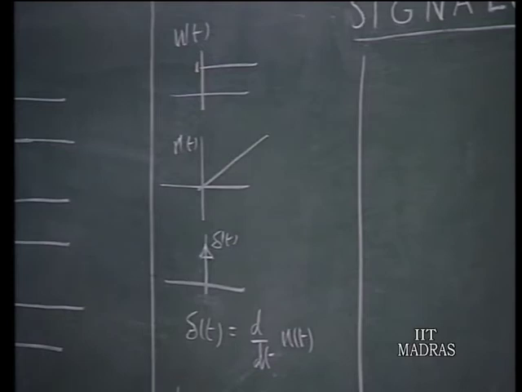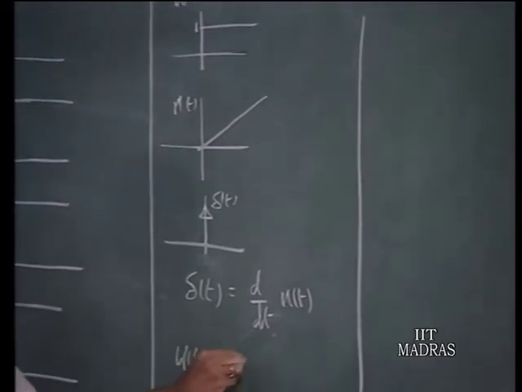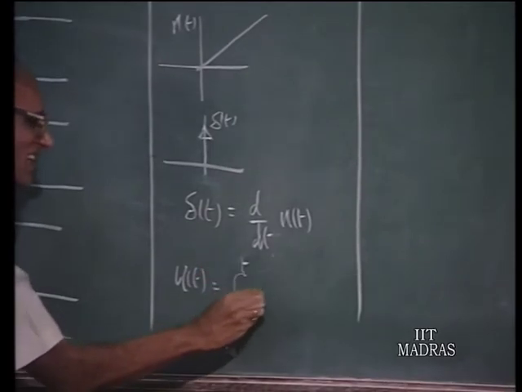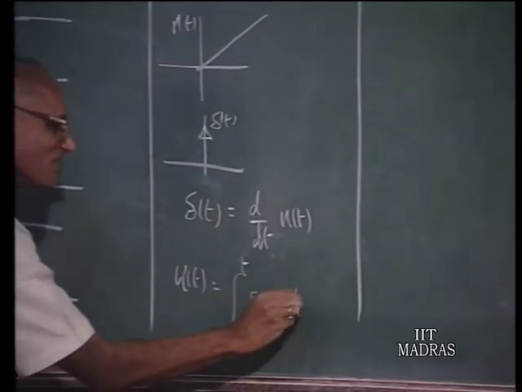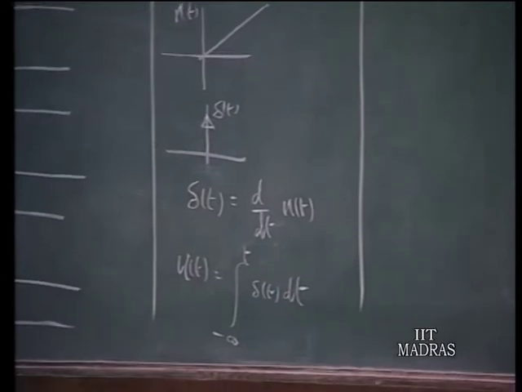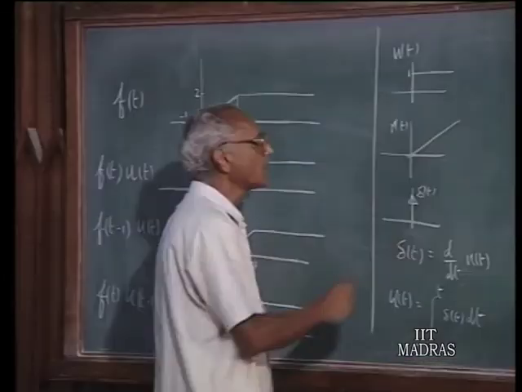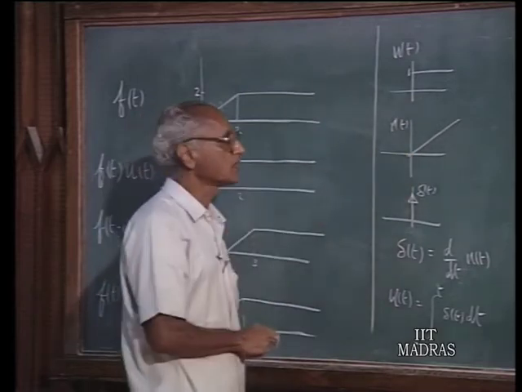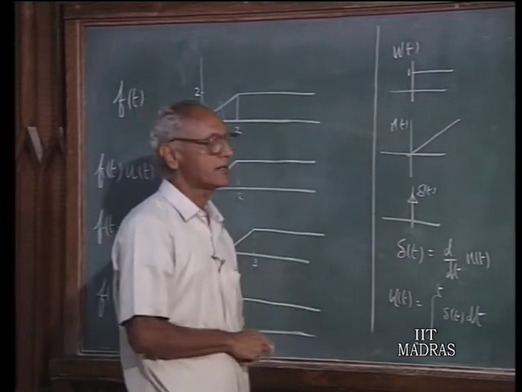So u of t can be written as the integral from minus infinity to t of delta t dt. That is how these two are related. In a similar fashion, if you take the derivative of r of t, you get the step function, and if you integrate u of t, you get the ramp function.